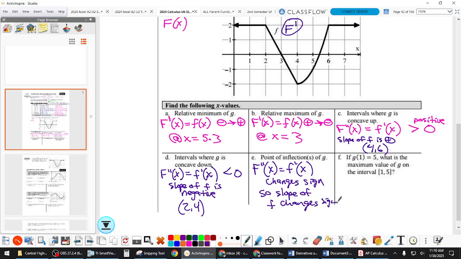So the graph that we're looking at, the slope, it's going to be like a relative extreme of F prime. Yep. So this graph that we're given changes sign, the slope of that graph changes sign. So x equals 4.